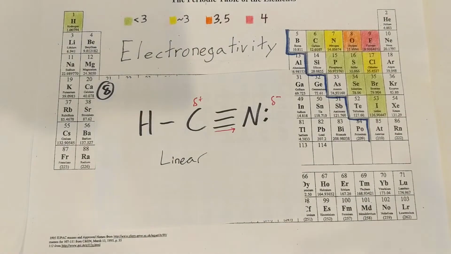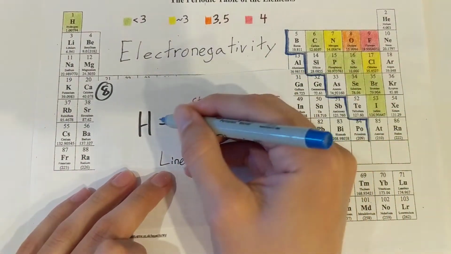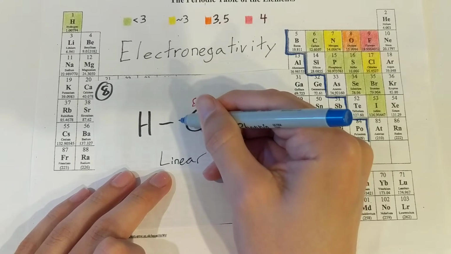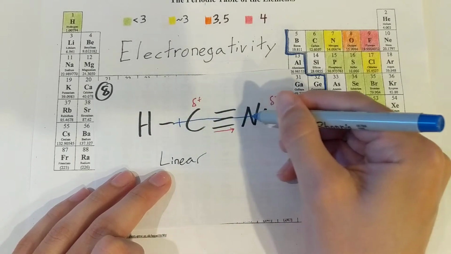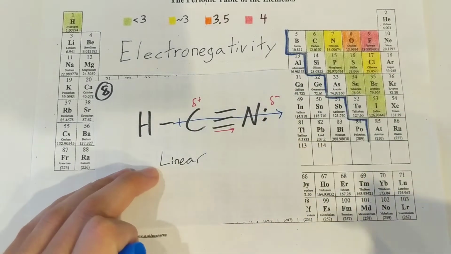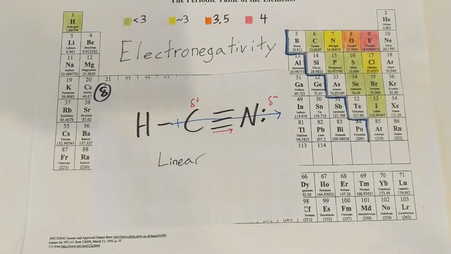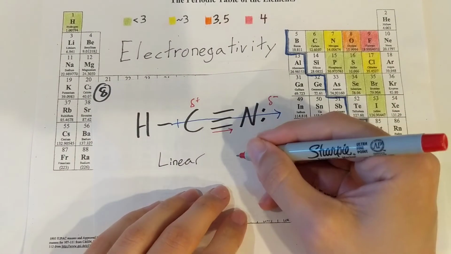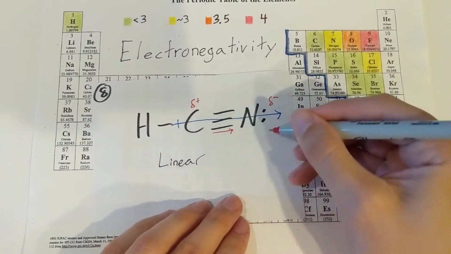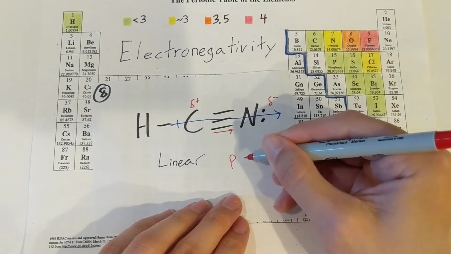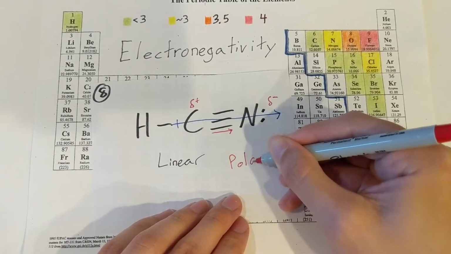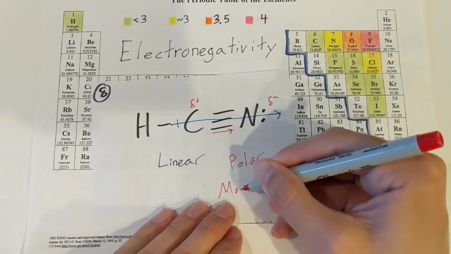And if we wanted to draw the overall dipole moment, it'd be that direction. So towards our nitrogen, that's where our electrons are getting pulled. And because we know the electrons are getting pulled in a specific direction, they're not evenly shared. That tells us we got a polar molecule here.